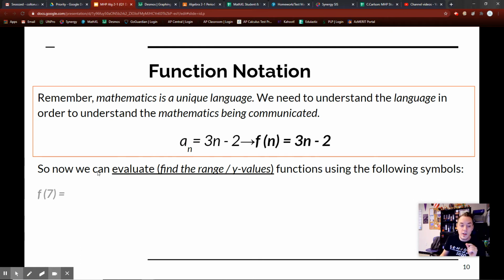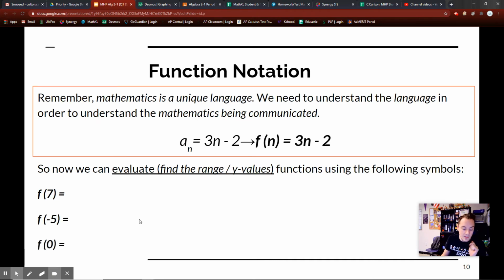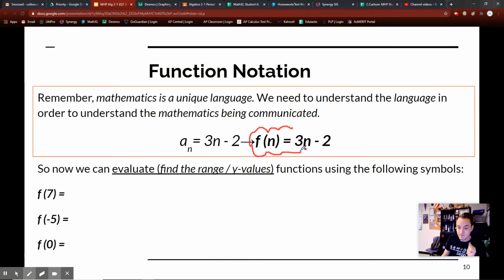So what are the following symbols? I have f of 7. I have f of negative 5. And I have f of 0. Let's use this function right here and go to town. So f of 7.